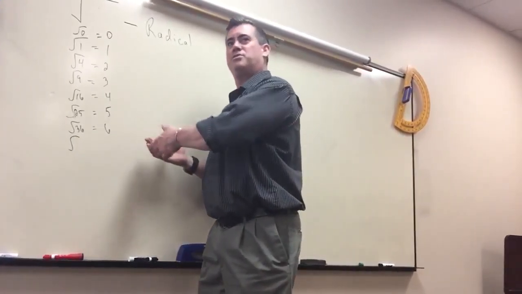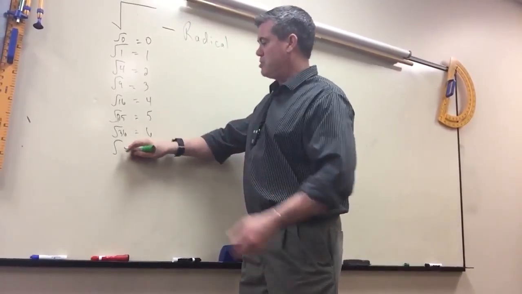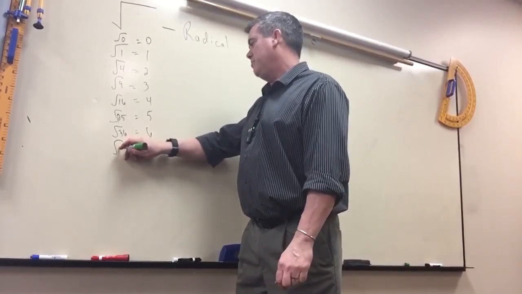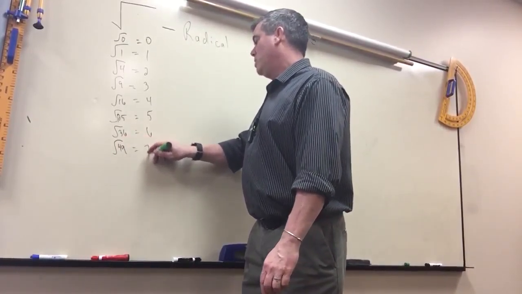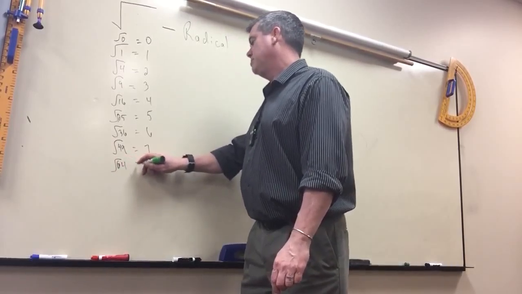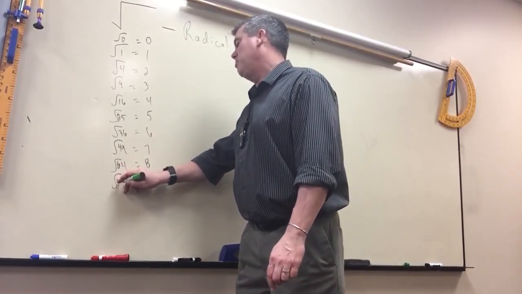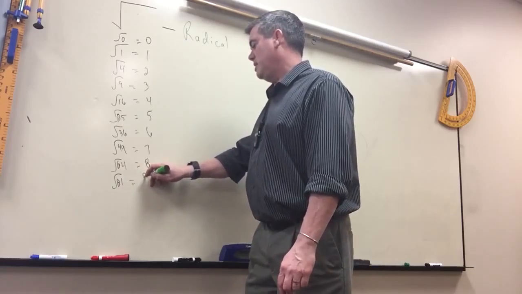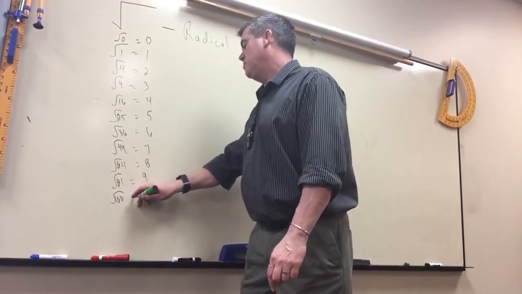So if you know these, it just makes it a lot easier for you. The first 10 anyway, which if you just think about it, they're not too tough. You just have to think about like 7 times 7, 8 times 8, 9 times 9, 10 times 10, okay?